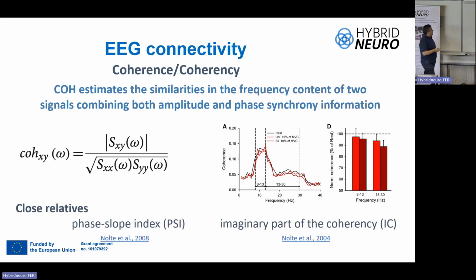So we can calculate other measurements like the slope index, according to the derivative of the phase of the coherence, and also the imaginary coherence, taking into account only the imaginary part, not the real part of the coherence.